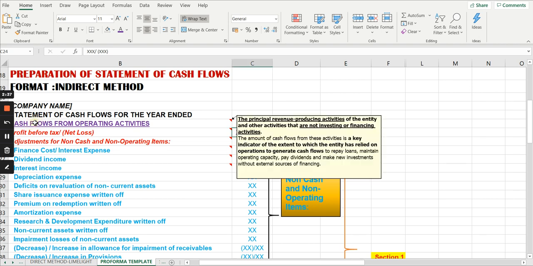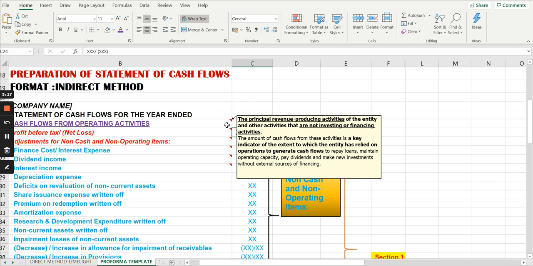As a start, you should be able to recall that operating activities has something to do with the principal revenue producing activities of the entity that are not investing or financing activities. In a simple word, whatever activities do not match under investing cash flows or financing cash flows would be presented under operating activities.